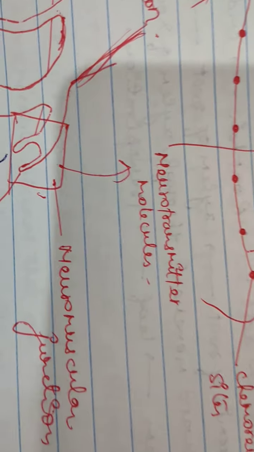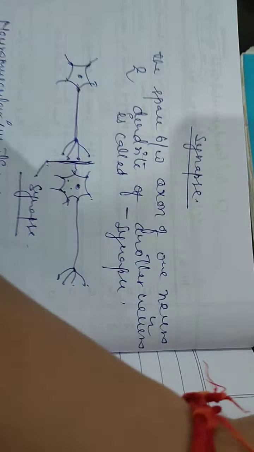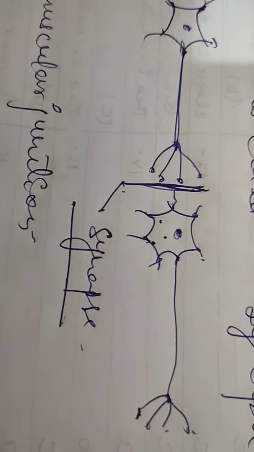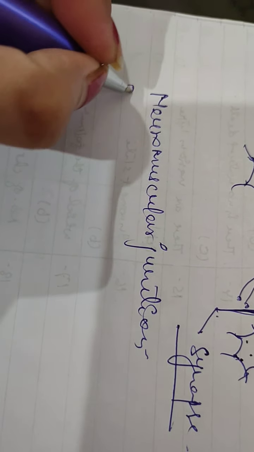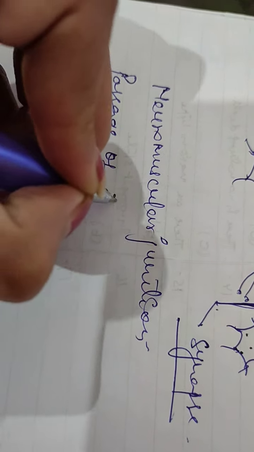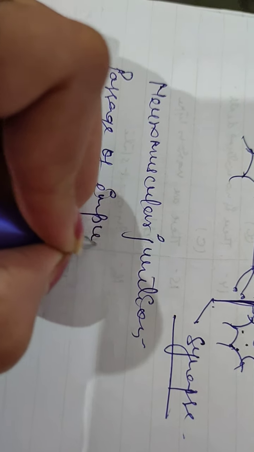So how can this impulse occur? First we will see the passage of impulse. What is impulse?